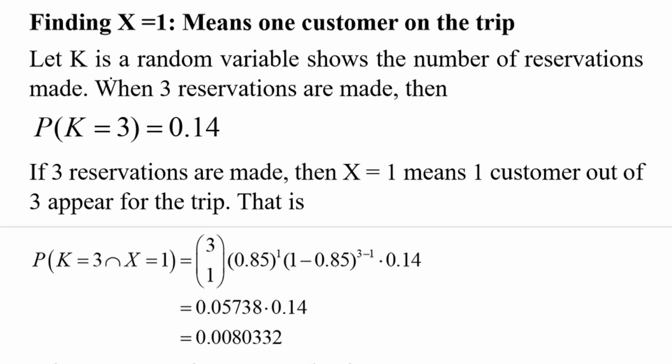Now we start finding x is equal to 1. It means there is only one customer out of 4 in the limousine, and 3 seats are empty. When 3 reservations are made, likewise, like we did for x is equal to 0, we need to find the probability for x is equal to 1.